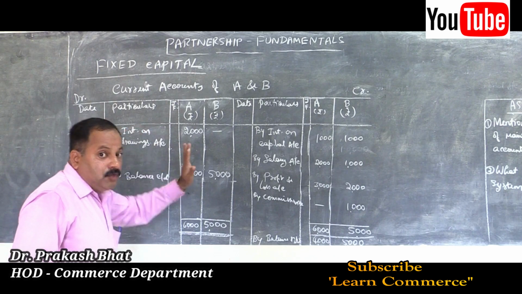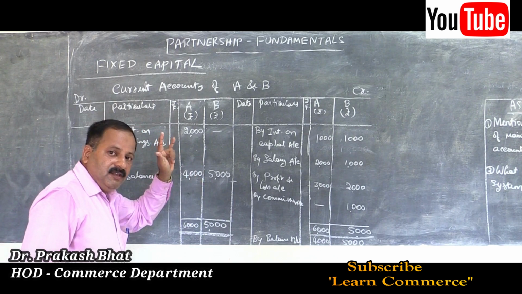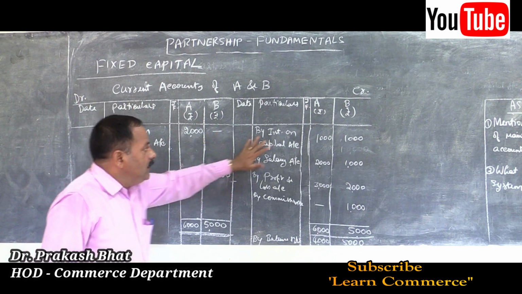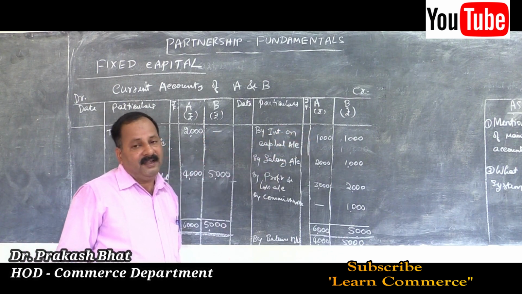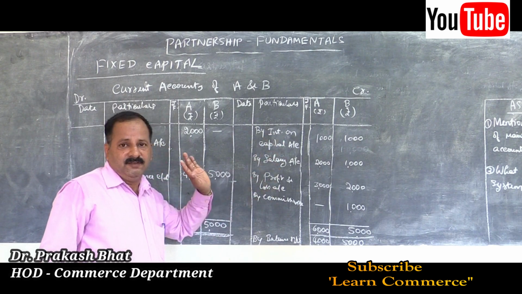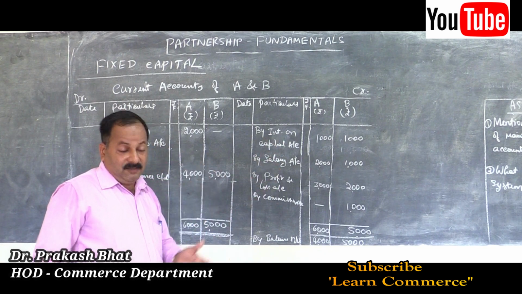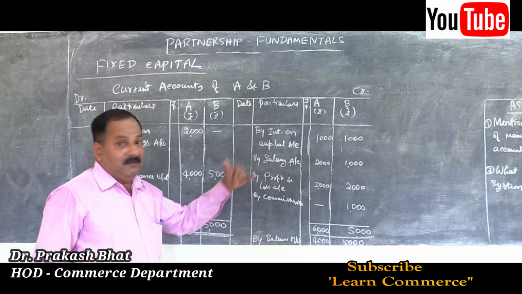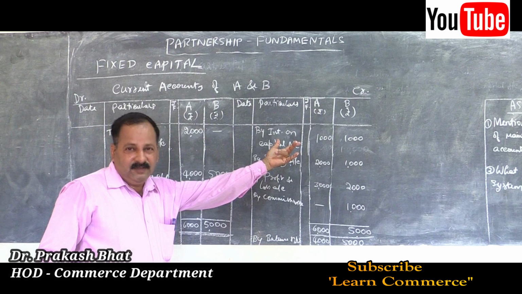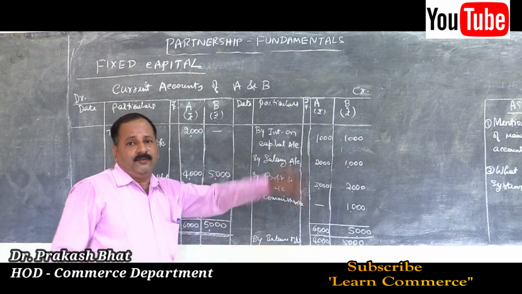If you write it, it is not wrong, but in the examination, when they provide the key answer, they will not give the opening balance of the current account. So you should make sure that you just do like this, because sometimes the evaluators may make mistakes. If the opening balance is written, they may deduct 1 mark. So don't give any room for any deduction of marks.